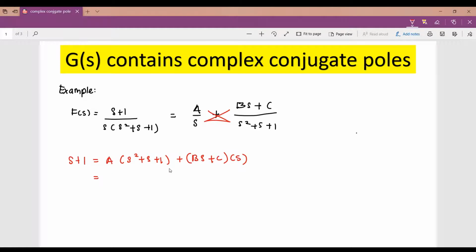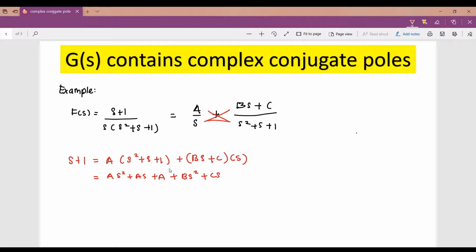Then you can compare the coefficients. I just open it first as A s squared plus A s plus A, and then this one is B s squared plus C s.